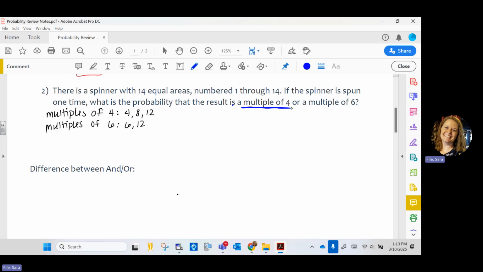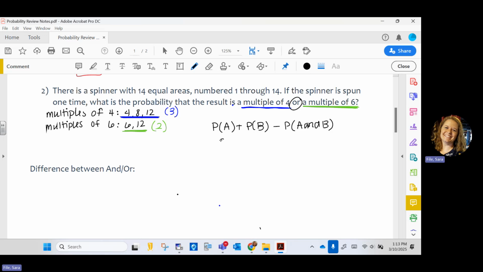Okay, a multiple of 4, that's 4, 8, and 12. So there are 3 of them. Do y'all agree? The multiples of 6 are 6 and 12. So there's 2 of them. So if we take the probability of A plus the probability of B and subtract the probability of both, we're going to get the probability of one or the other.